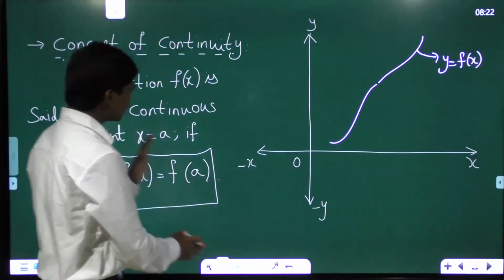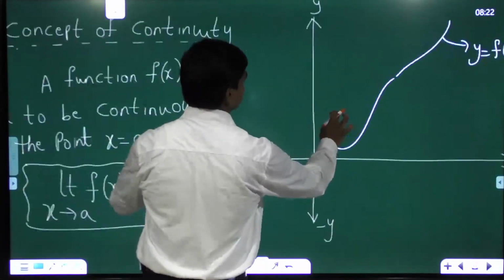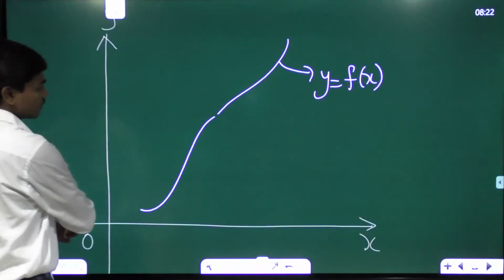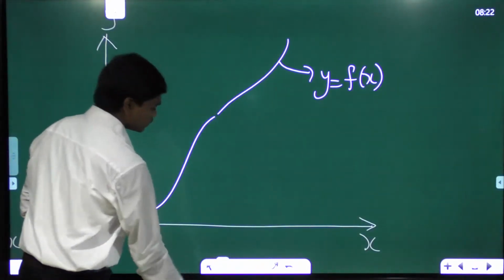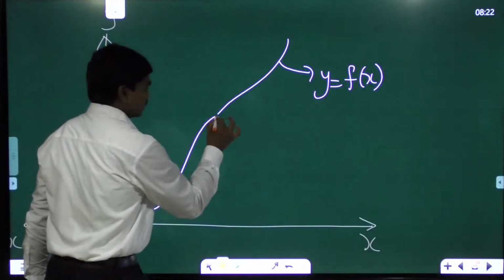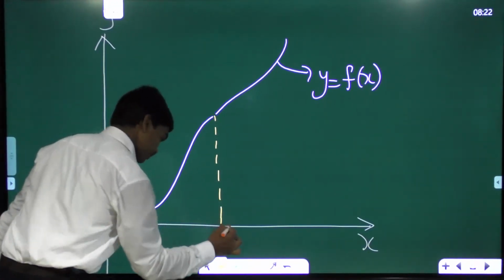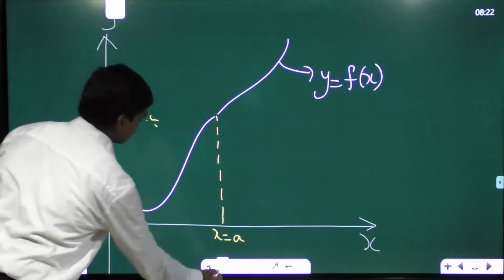Forget about this condition for a while and look at the graph, and let me also enlarge this graph so that I could bring this as a main point of interest. Now this is the y is equal to f of x curve. Now if you see, this is the point x is equal to a.